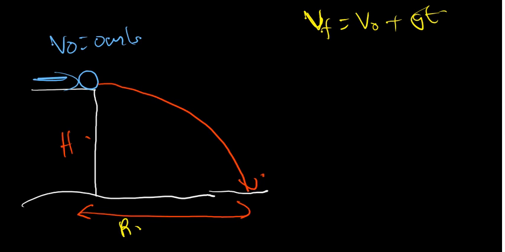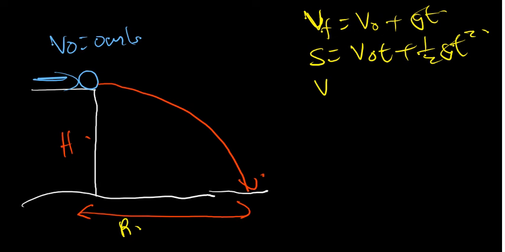The second formula was the displacement is equal to V initial times T plus half GT squared. The third one is V final squared is equal to V initial squared plus 2GS. So in this case, when we talk of the S, it's basically the H.